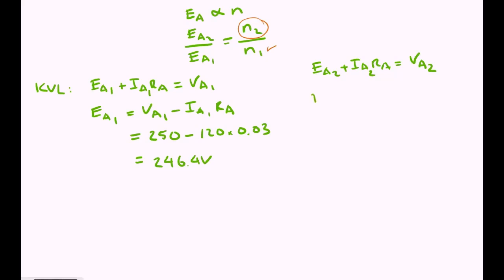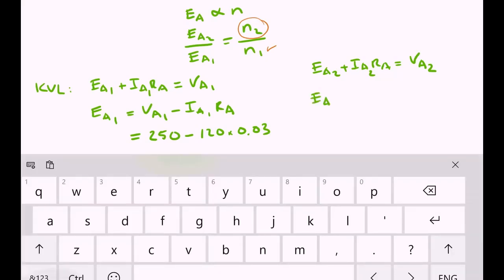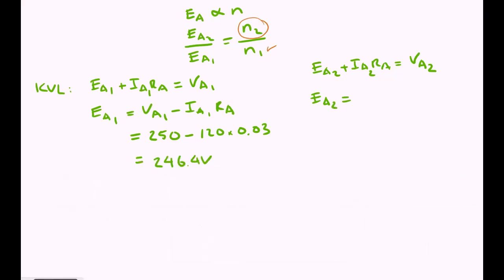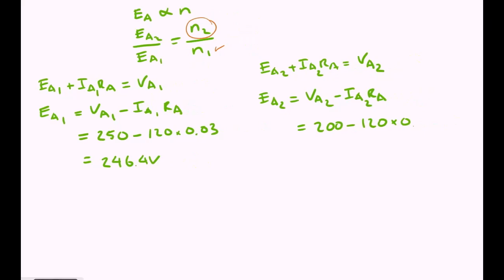And similarly for EA2, we can work it out, it is equal to VA2 minus IA2 RA, which is equal to 200 minus 120 times 0.03, which is 196.4 volts.